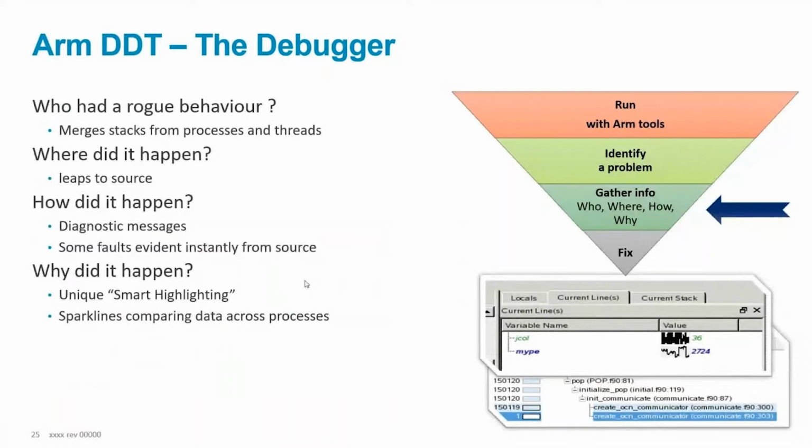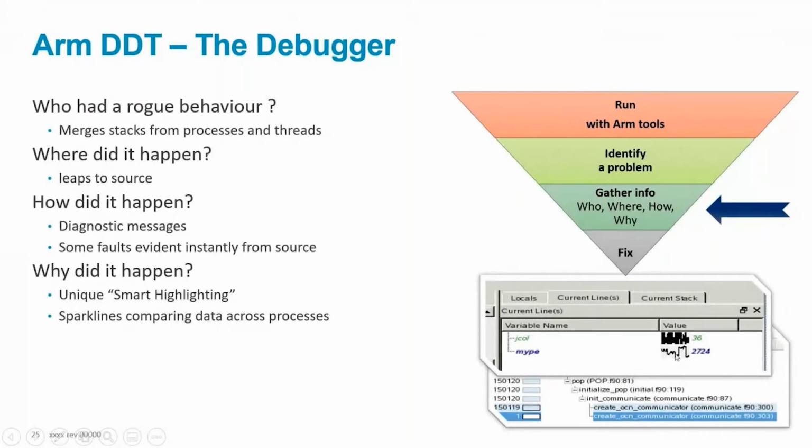So developers want to answer these questions: who, where, how, why. ARM DDT is not only able to inspect the code, but it can also force the code to crash, brute forcing. It gathers variable and array values, collects communication data, and the way it presents this data, there are sparklines that show you the value of certain expressions for the processes.